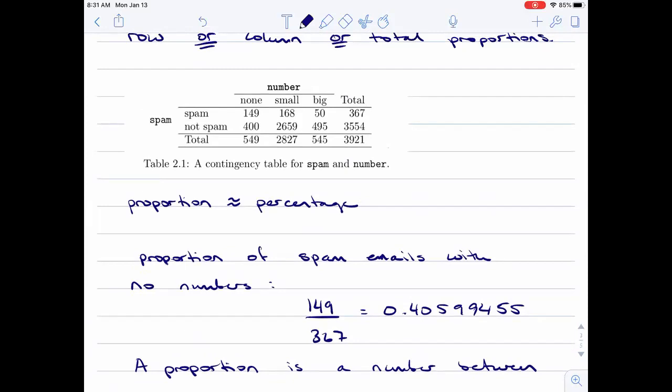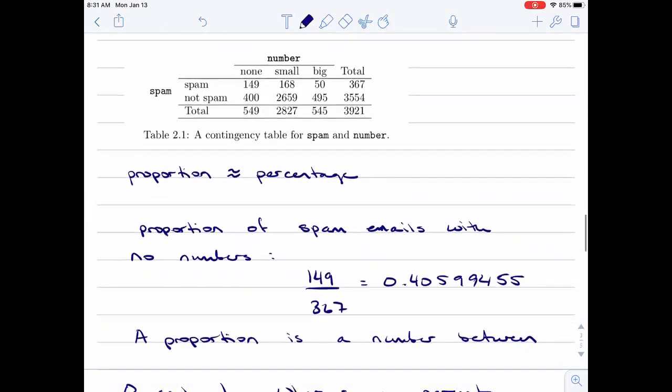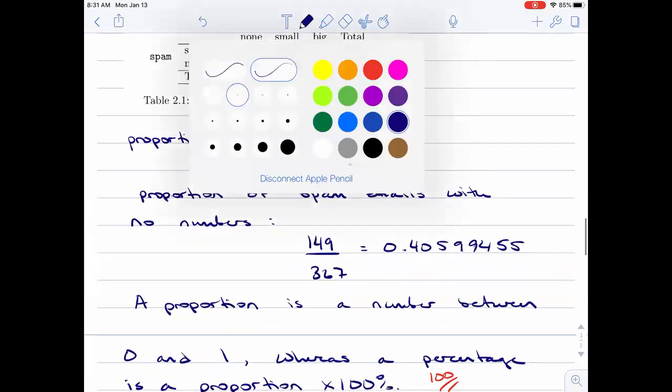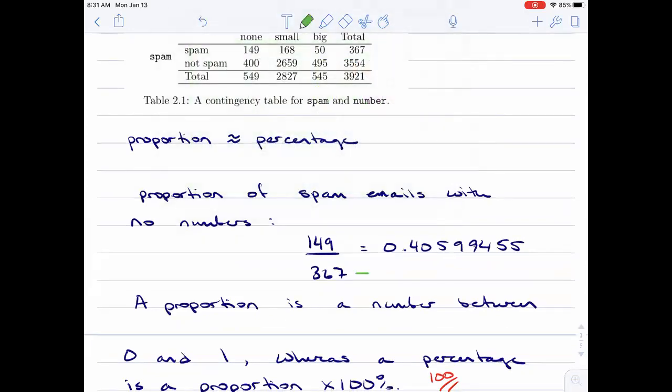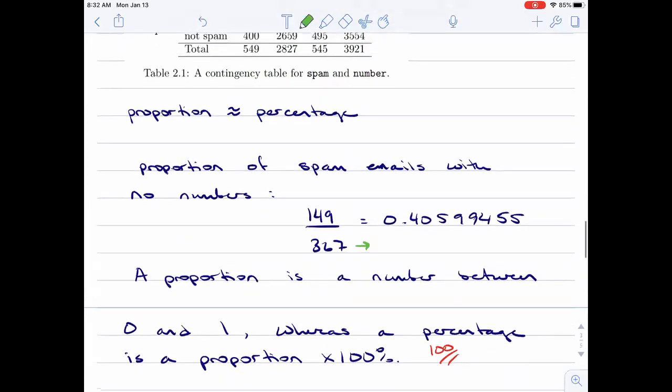Yeah. And so what that's saying is that 40.6%, right, or 0.406 of the spam emails had no numbers in them, right? So this here is a row total, right?